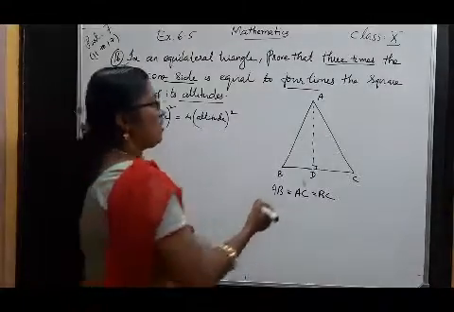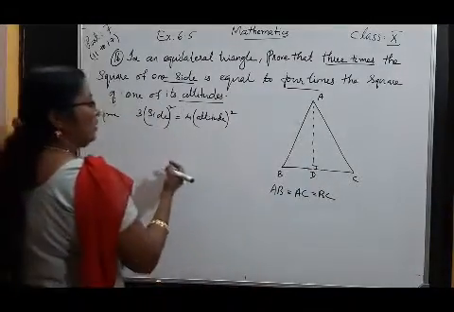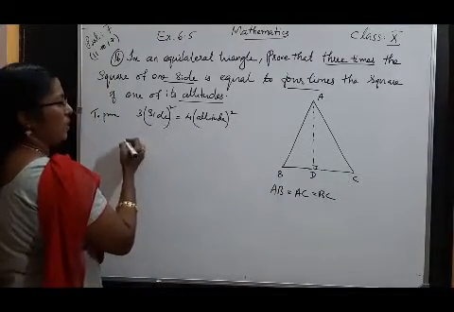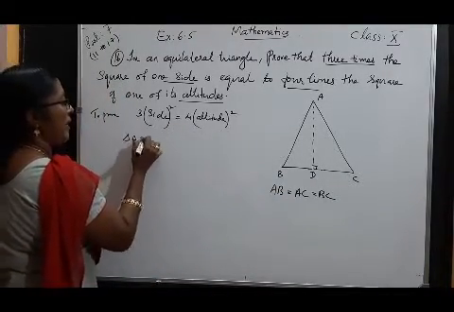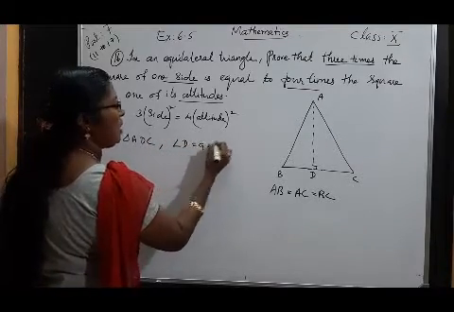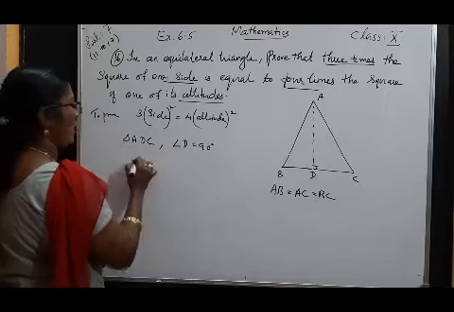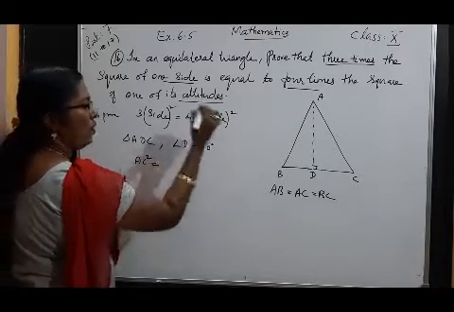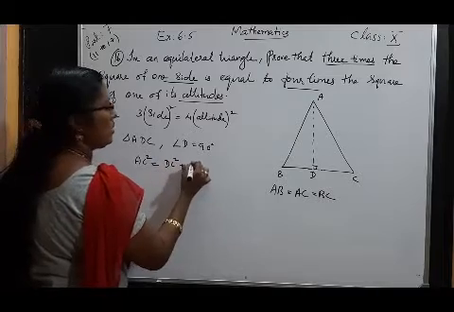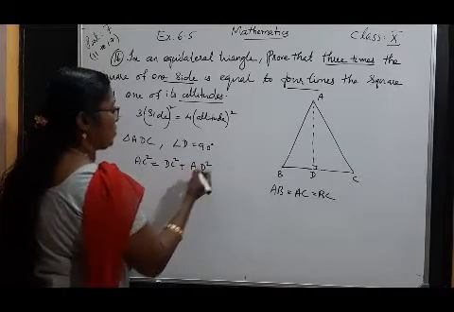Okay. Then by using the Pythagoras theorem, we can write this, also a right angle triangle at D. By the Pythagoras theorem in triangle ADC, angle D is 90 degrees. Hypotenuse square AC square equals base square plus altitude square, DC square plus AD square.